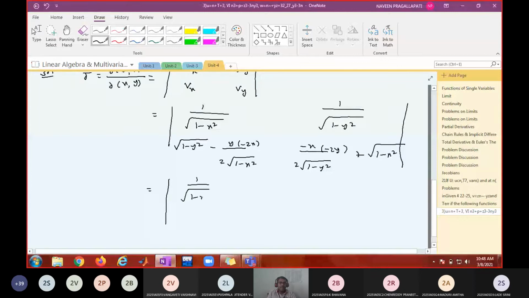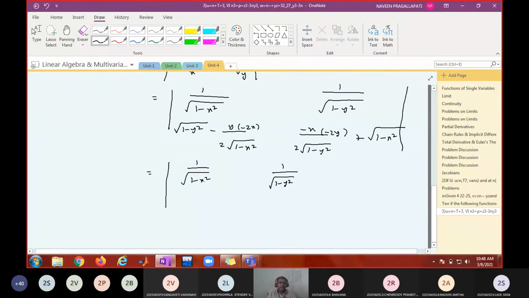And then root of 1 minus x square, root of 1 minus y square, plus 2x by the 2 gets cancelled, no? Root of 1 minus x square into plus xy by root of 1 minus y square. Can you see this simplified?